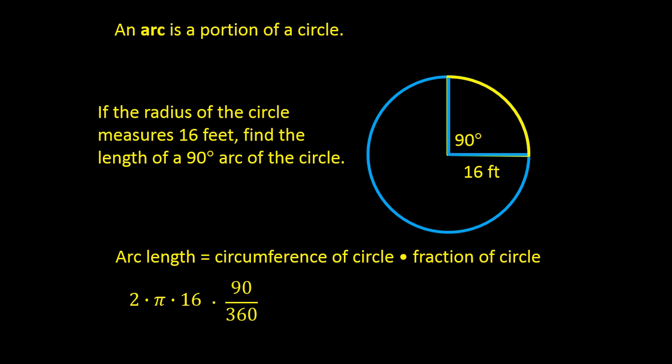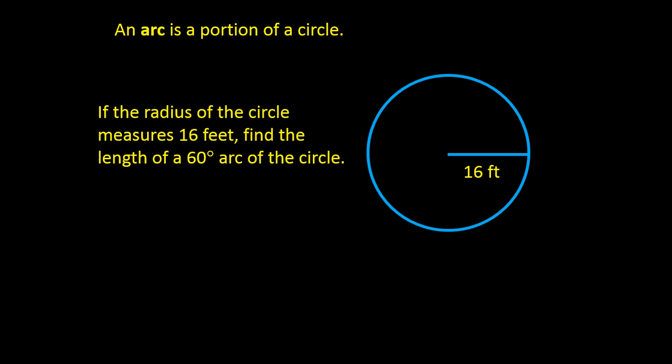So if we take 2 times pi times 16 times, well, 90 over 360 is 1/4, isn't it? And that makes sense. 90 degrees is 1/4 of the circle. We get 8 pi feet. And once again, we can approximate that using the decimal approximation for pi, 3.14, and we can get approximately 25.12 feet.